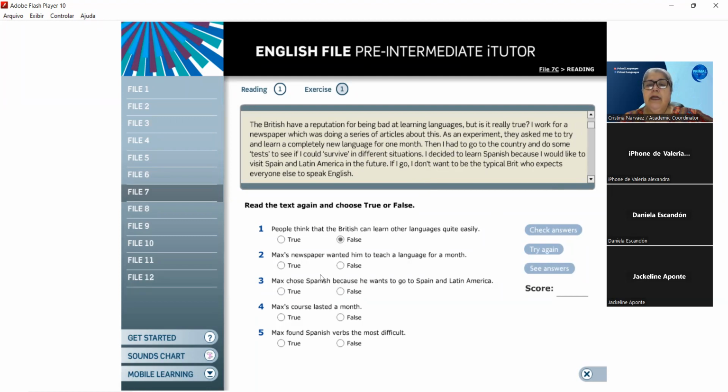Number 2, Daniela. Okay. Max's newspaper wanted him to teach a language for a month. They work for a newspaper.